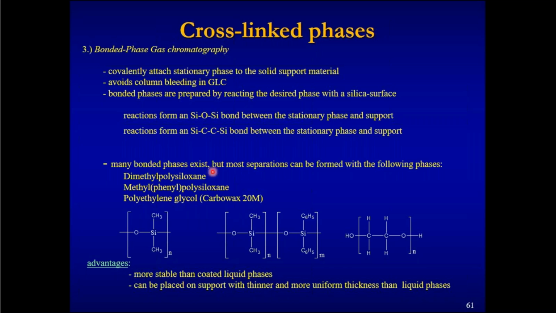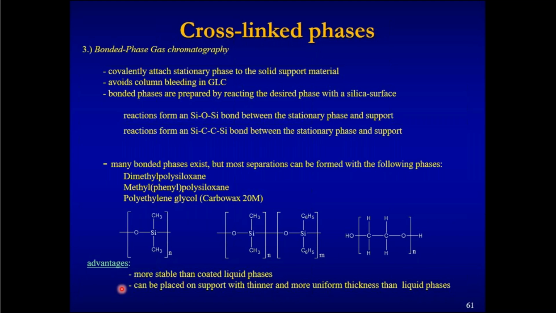Many bonded phases exist, but most separations can be performed with the following phases, like dimethyl polysiloxane. This is the structure. Methyl phenyl polysiloxane. This is it. Polyethylene glycol Carbowax 20M. This is the structure.